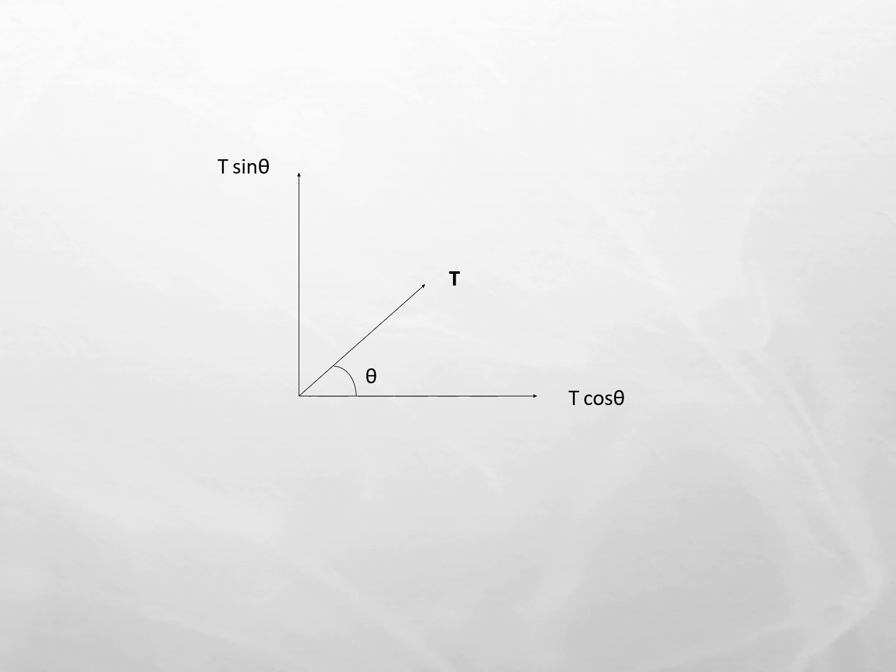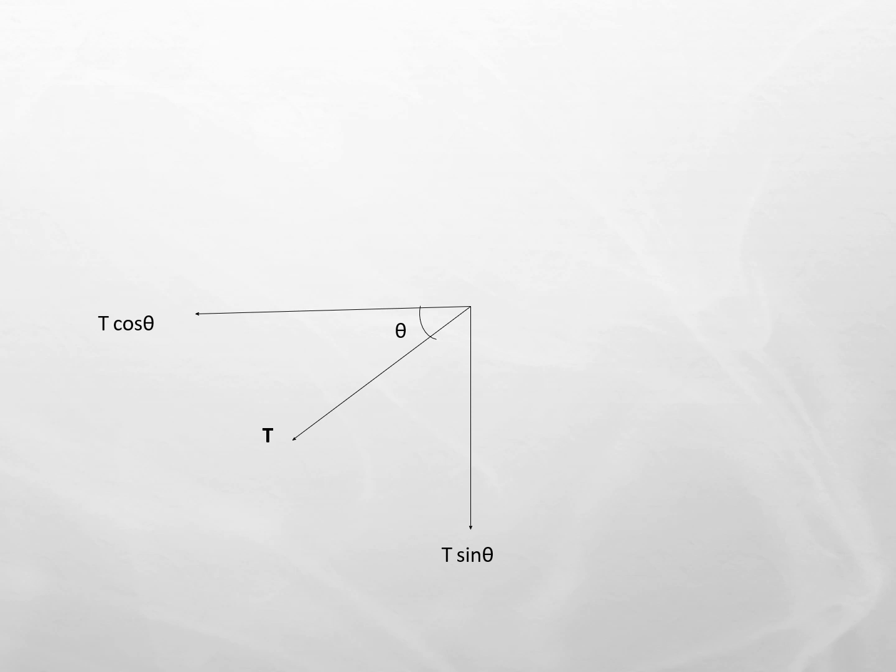Now you can give the horizontal component of this vector T as T cos theta and the vertical component as T sin theta. Now, if the vector T subtends an angle theta with the negative x-axis, the vertical component T sin theta and the horizontal component T cos theta can be resolved as shown here.